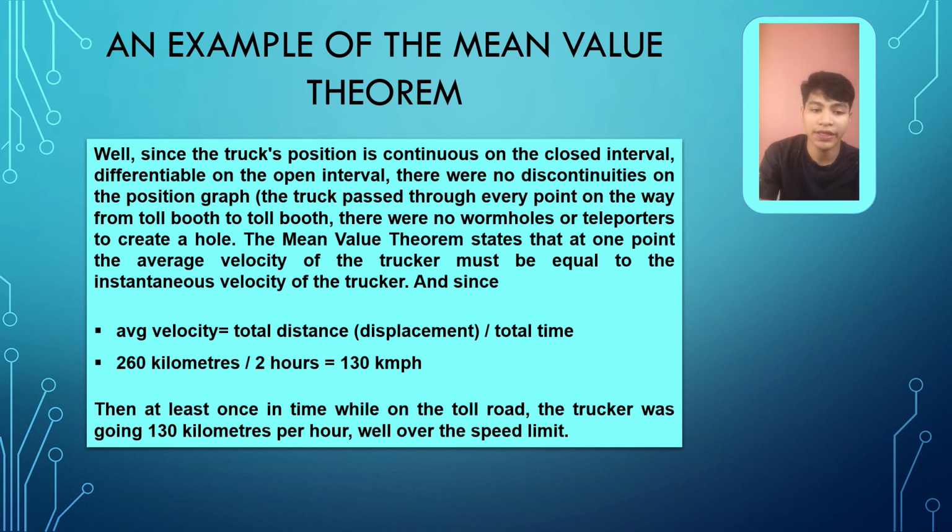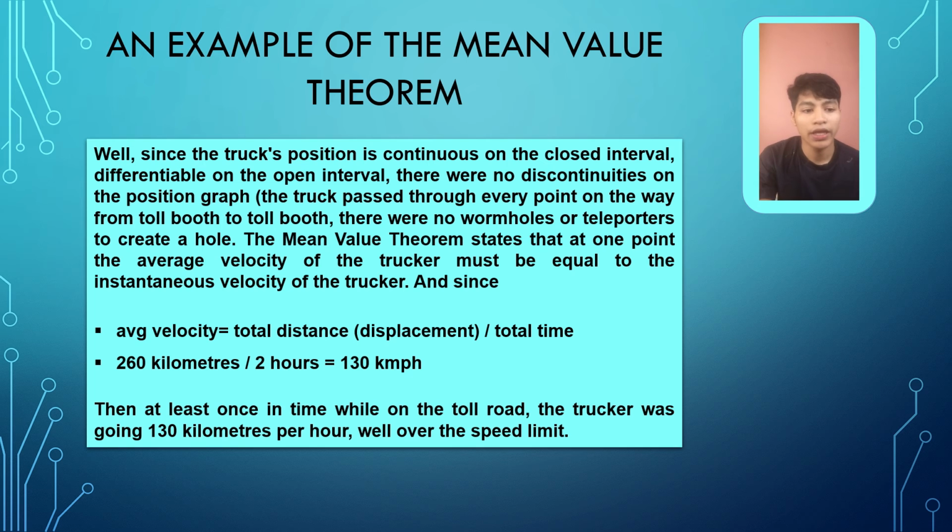The mean value theorem states that at some point, the average velocity of the trucker must be equal to the instantaneous velocity of the trucker. Since average velocity is equal to total distance, or you can say displacement, per total time, 260 kilometers per 2 hours is equal to 130 kilometers per hour.